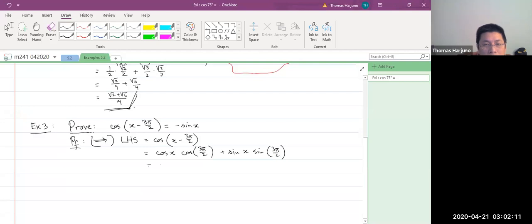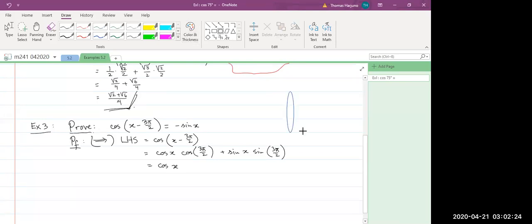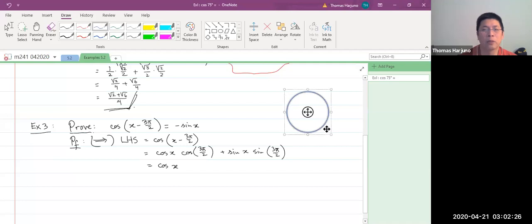Now cosine x stays the same. How about cosine 3 pi over 2? In case you forget, I can help you with this. Remember that unit circle?